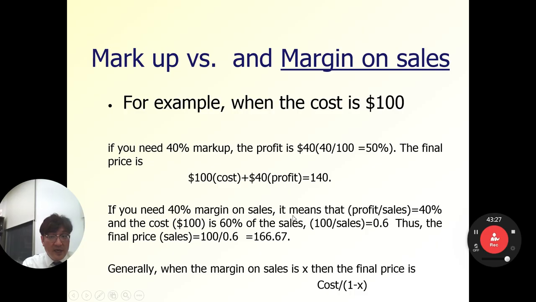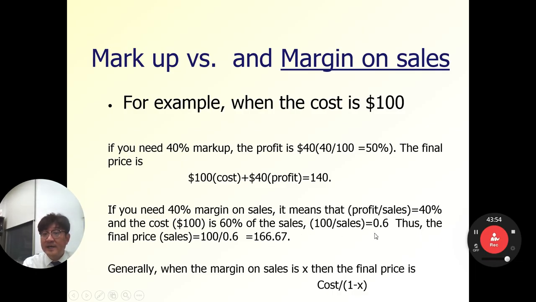So the profit divided by sales is 40%, which means the cost is the remaining 60% of the final price, the sales.